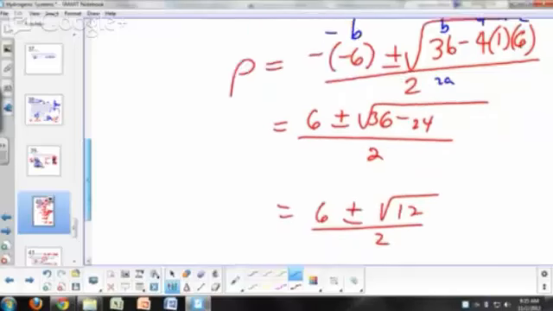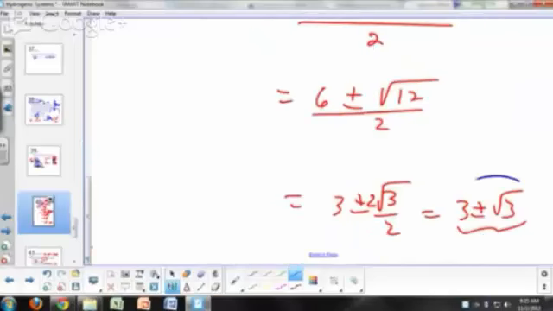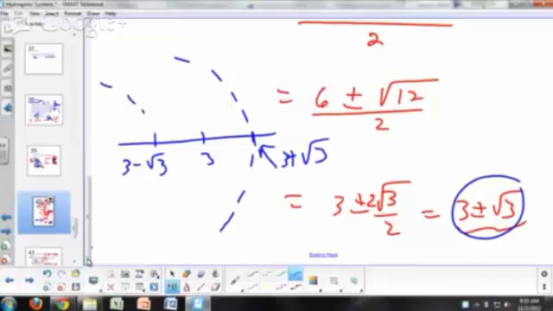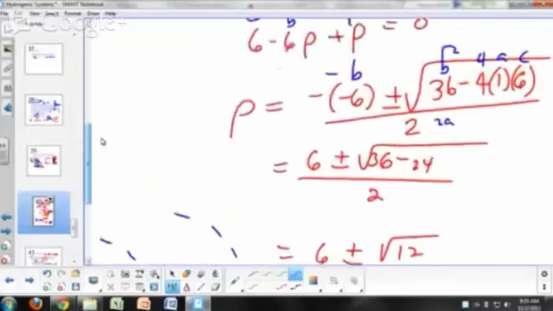If you carry out that calculation, you'll find that your nodes occur at 3 plus or minus the square root of 3. That will give you 2 nodes. 3 plus the square root of 3 is one radial node, and 3 minus the square root of 3 is the other radial node. You have 2 radial nodes for the 3s orbital.